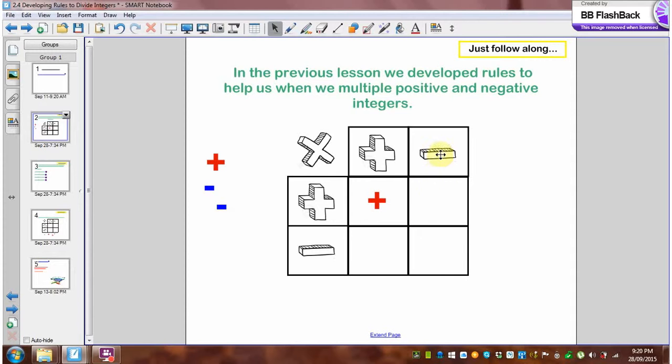Looking at the other same sign, if we have a negative number times a negative number, because they're the same signs, a negative times a negative gives you a positive. If we have a positive times a negative, these are different signs, so we get a negative answer. And if we have a negative times a positive, just a different order, but we have different signs, we get a negative answer. So that's just a quick review of the rule from last lesson.